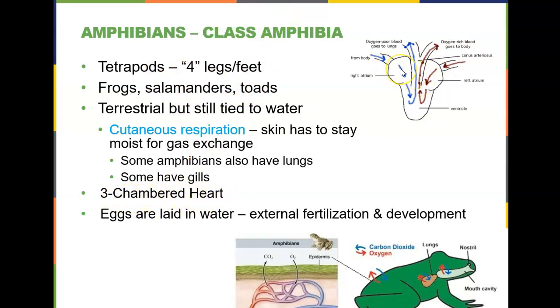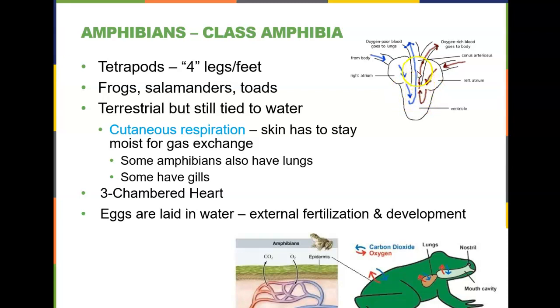They have a 3-chambered heart. So here we see the diagram of the 3-chambered heart with 2 atria, a right atrium and a left atrium, as well as a single ventricle. So we have blood returning to the heart from the frog's body or any amphibian's body, comes in, this is blue showing it's low in oxygen, comes into the ventricle. We also see that blood is coming into the other atrium, and we have a mixing.